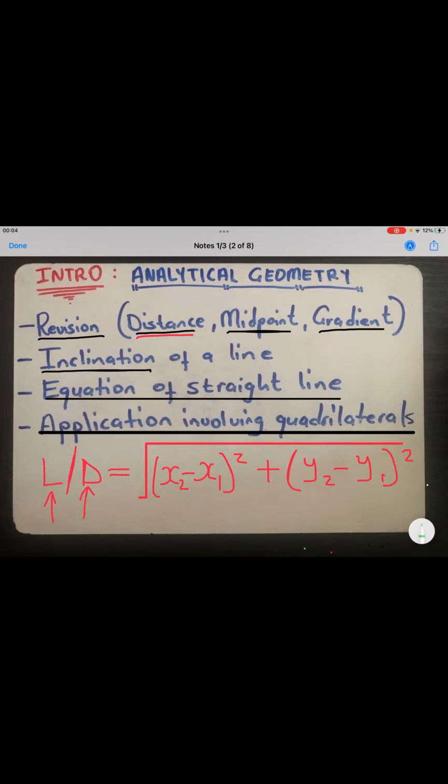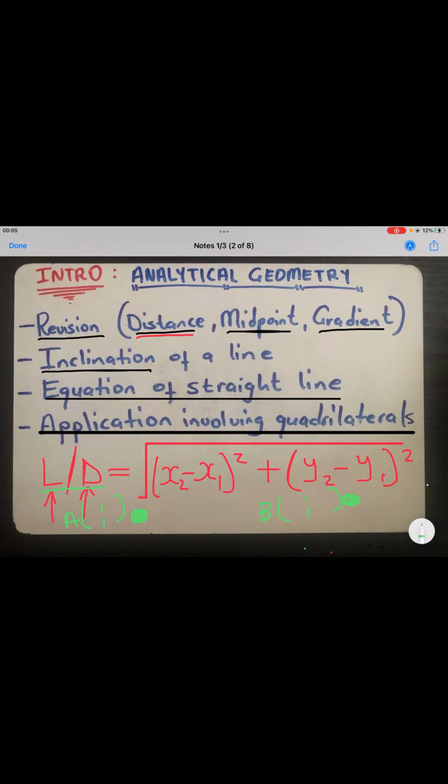Meaning when the examiner says determine the length or the distance, it has to be from one point to the next point. So you need the coordinates of, let's say, point A. You also need the coordinates of point B. And that's how you take those values and substitute into that formula.